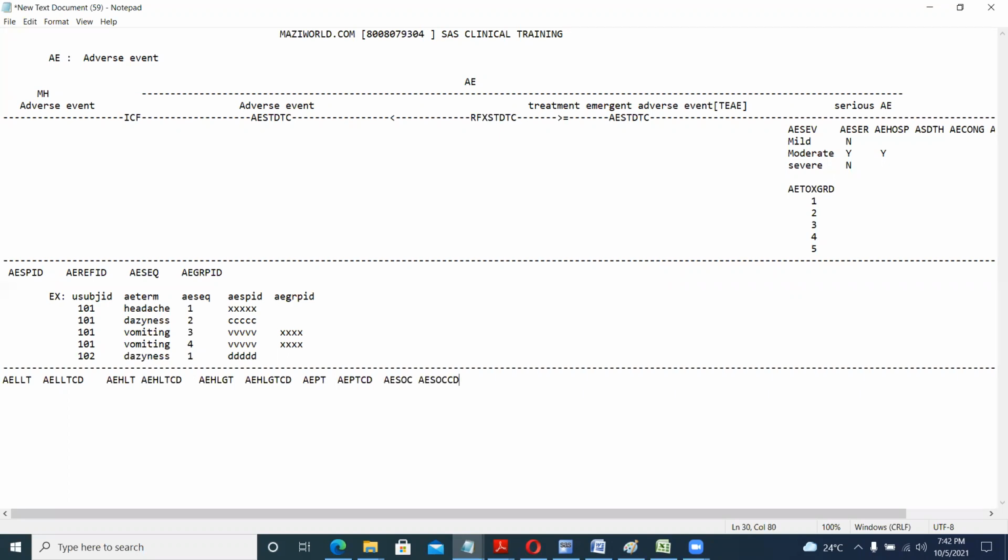Oh my God, this many variables I should remember. Correct. But it is very simple and easy. Let me explain it. These are the variables you can just target carefully.